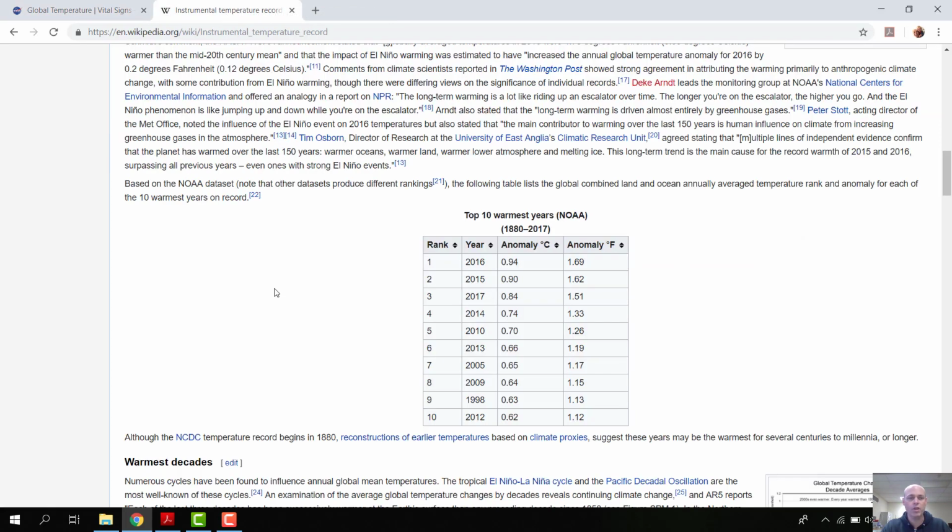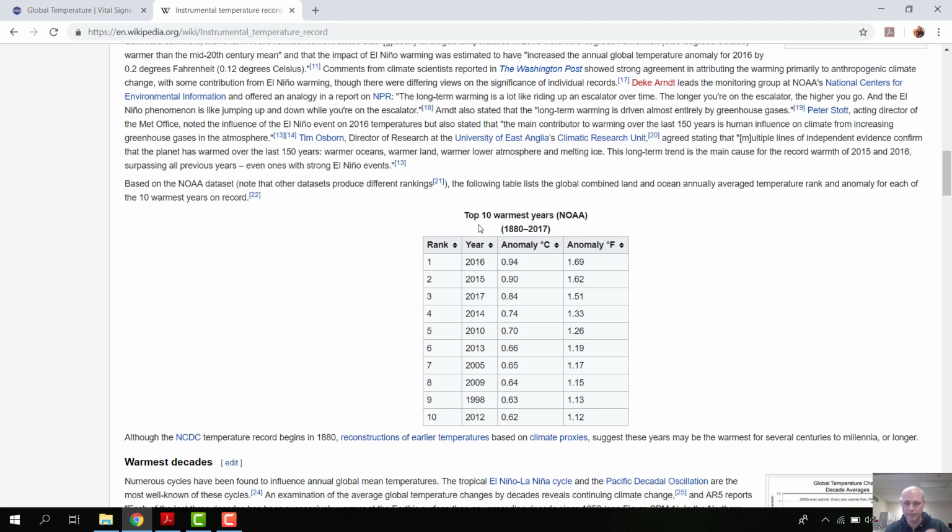Okay, so this information is on Wikipedia, and the information I'm going to talk about is actually from a NOAA report, the Global Climate Report. Again, NOAA is a governmental agency, and it's just showing the warmest years on record.